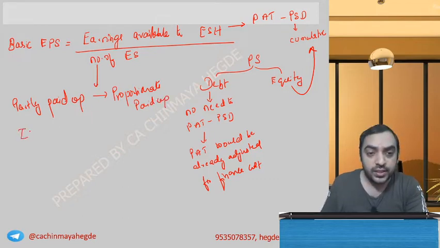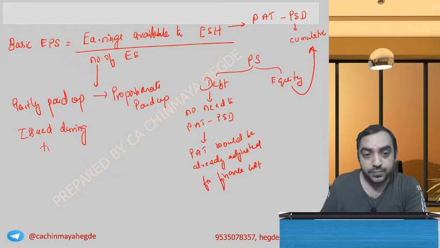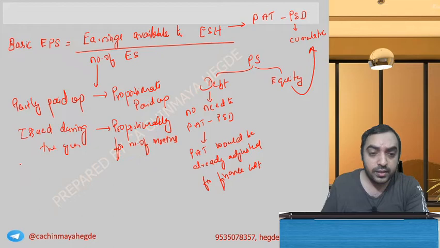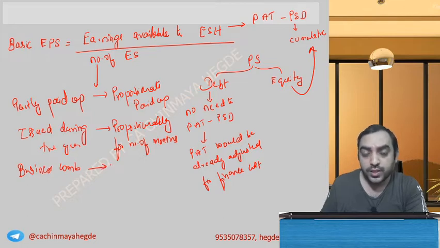Then shares issued during the year, again proportionately for the number of months outstanding. Then business combination, shares issued from the date of issue.